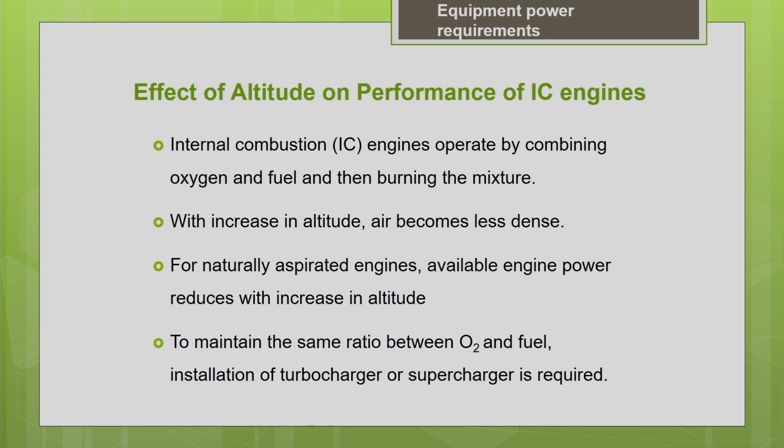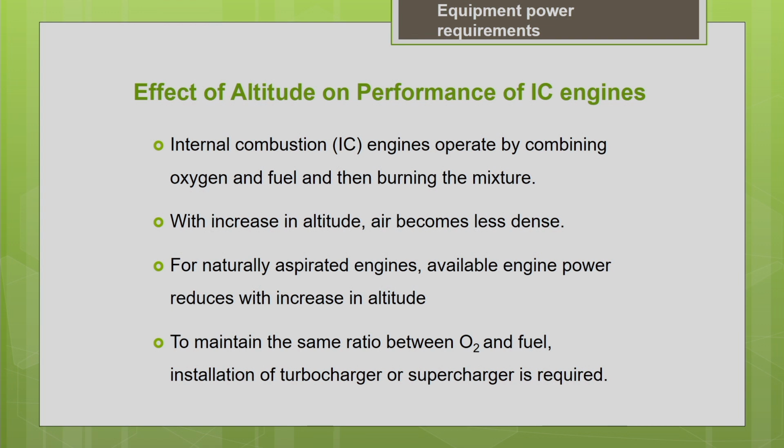So we are going to see now what is the effect of altitude on the performance of internal combustion based engines. Generally most of the construction equipment we use at the project site are IC engines, or internal combustion based engines. For the combustion mechanism, the fuel to air ratio is very important.